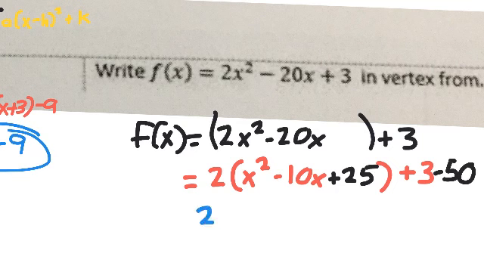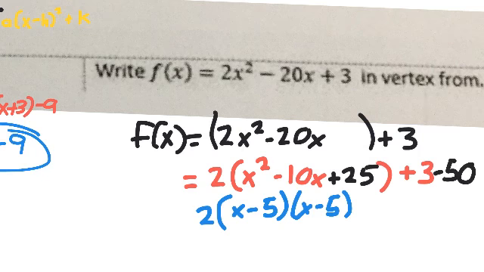Now again, the perfect square trinomial is going to work out. This would factor to be, and again, if you see it, you can start skipping this step, but that is x minus 5 times x minus 5, and then plus 3 minus 50 gives negative 47.